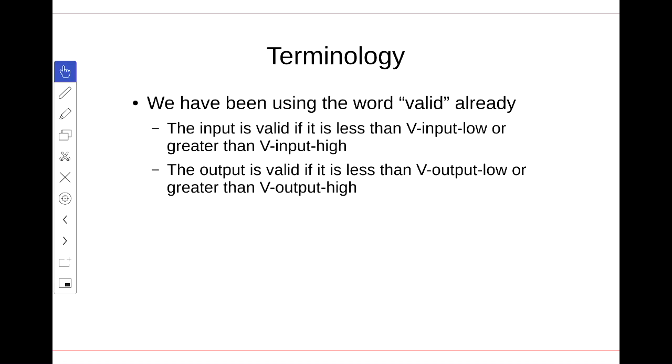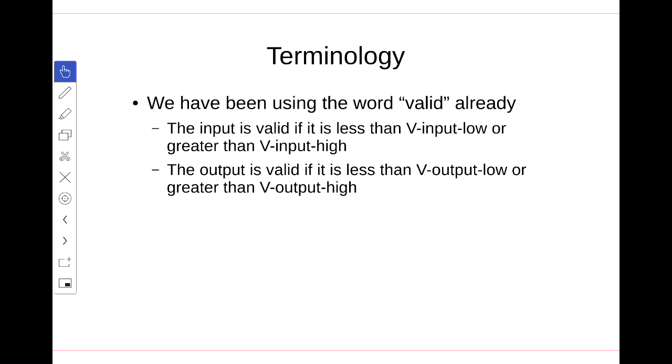Okay, so now let me emphasize, as I've been saying before. Early on when I taught you about propagation delay, I used words like: the propagation delay is the time it takes from when the input is valid to when the output becomes valid. Now I can make the word valid precise.